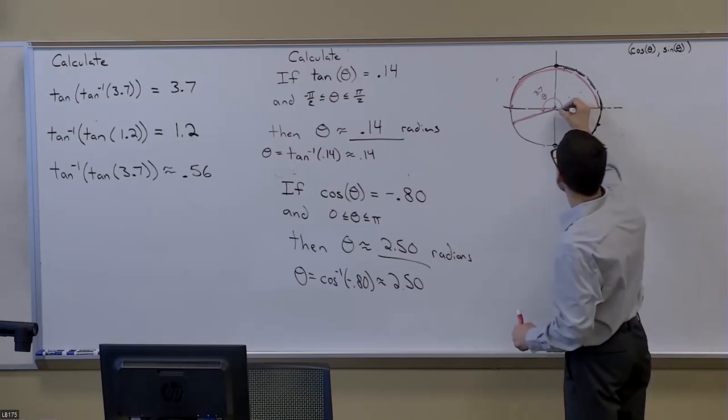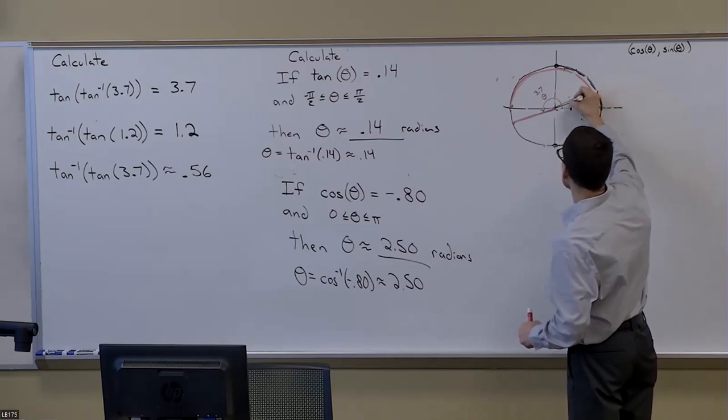And with that being a ratio, you draw a line straight across and you get whatever this angle is, which is about 0.56.